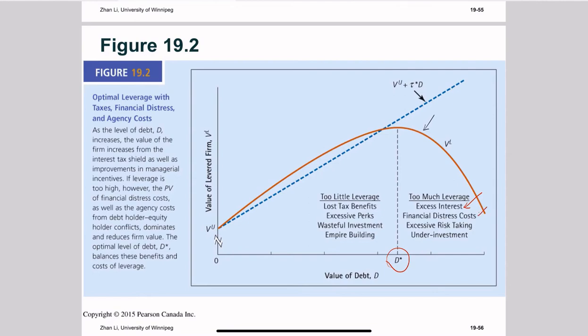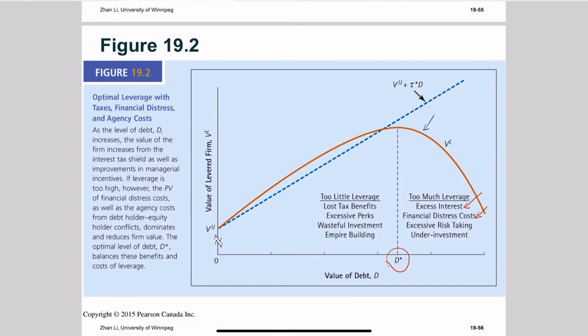And then obviously we discussed this financial distress cost. That is, if you're using too much debt, then the firm would have a higher probability of default. And if default cannot be solved, in the end, the firm will have to declare bankruptcy. So there will be this severe bankruptcy cost.